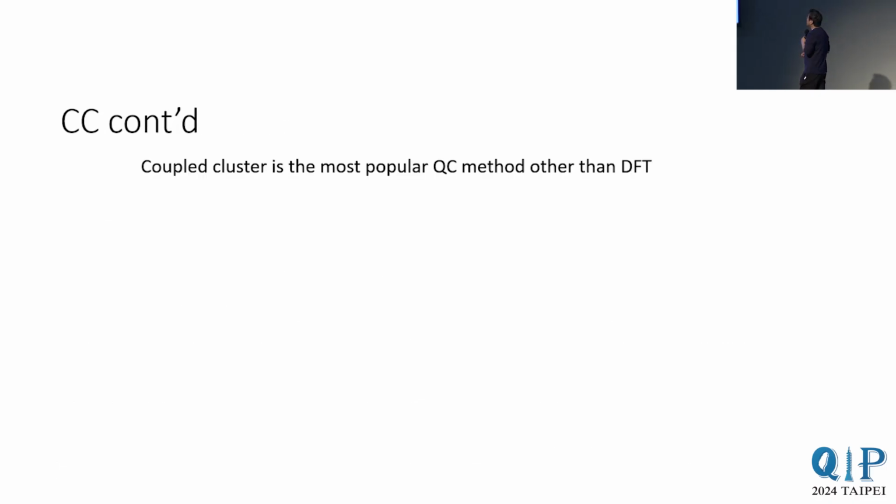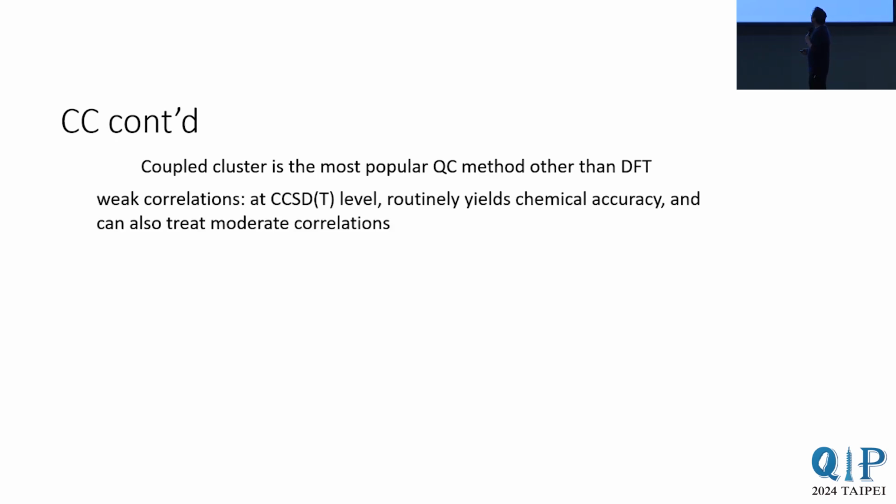Okay, so coupled cluster theory is the most popular quantum chemistry method after DFT, right? For every 1,000 people who do DFT, one person is doing coupled cluster. The reason is that at least at the weakly correlated level, coupled cluster up to a reasonable number of excitations is extremely accurate. It will always yield chemical accuracy.